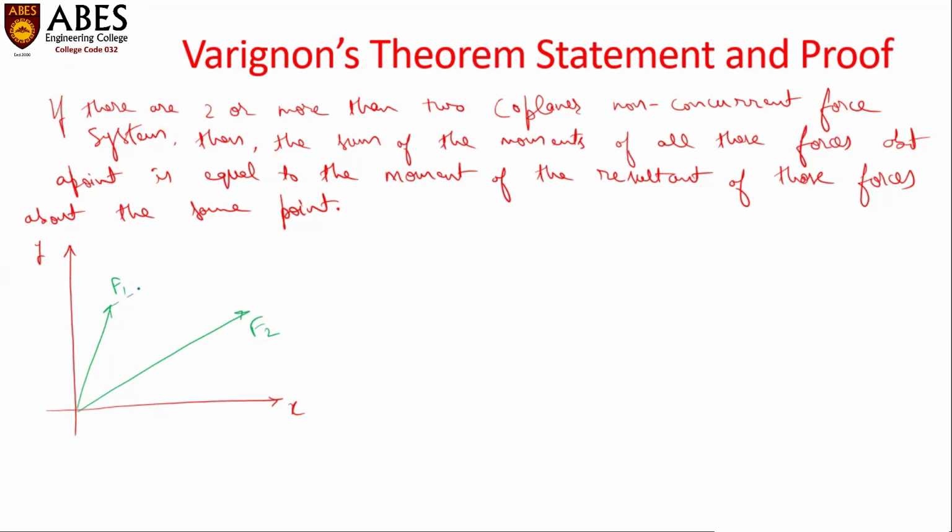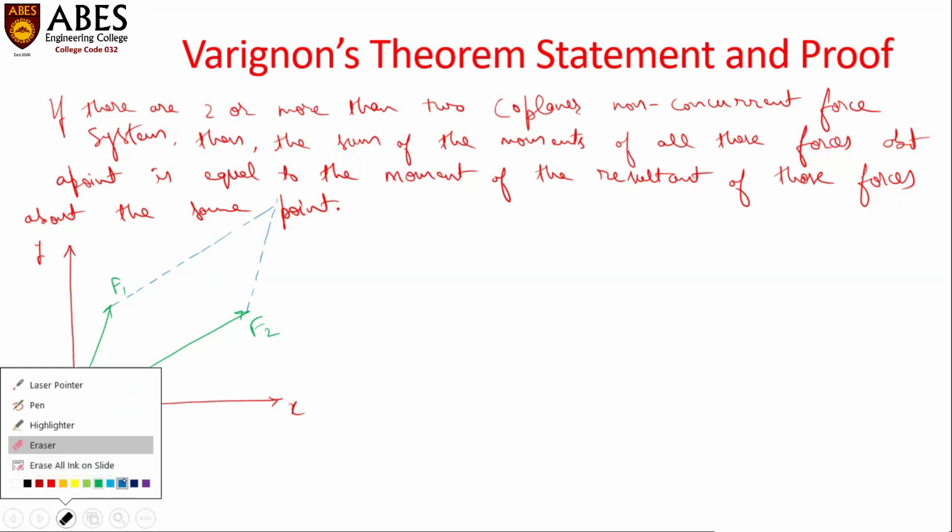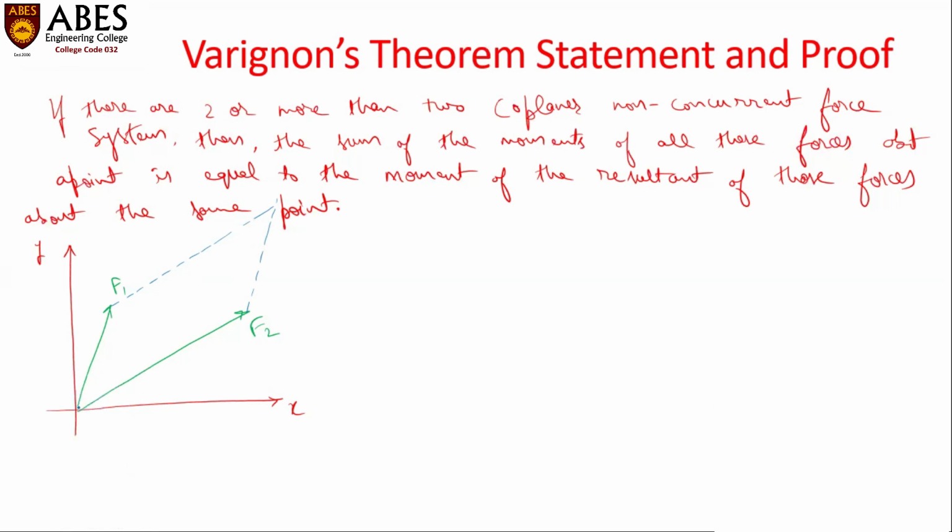Draw a parallel line from here, and another line parallel to this force F1 from here. So this will be the resultant of these two forces. This will be the resultant. Now this resultant is R.